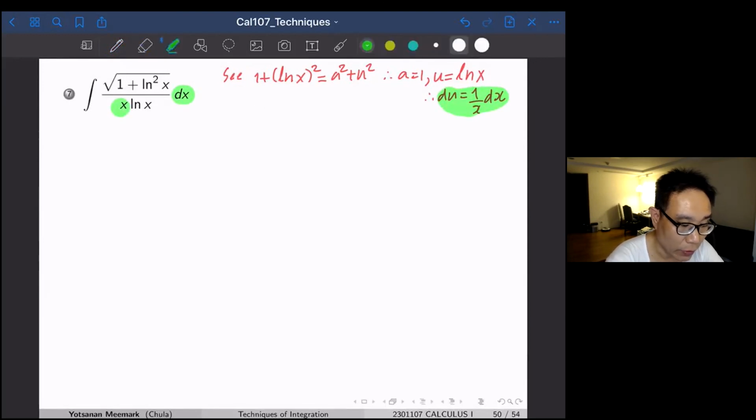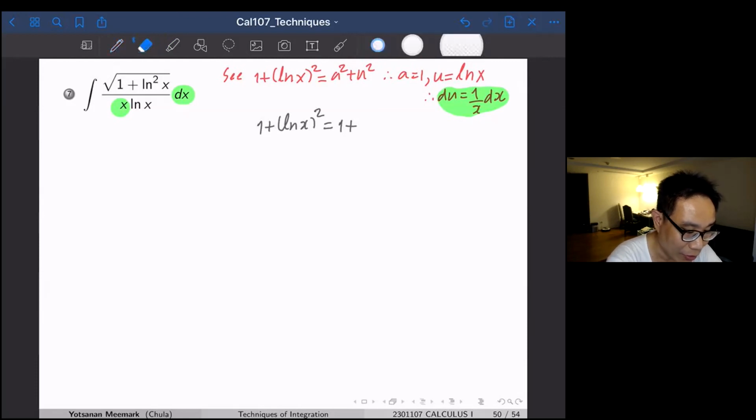Another thing you need to find is 1 plus log x squared. So for this, it's going to be 1 plus u squared, and du equals 1 over x dx.